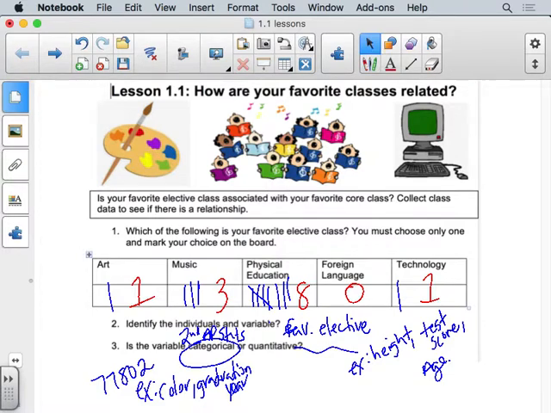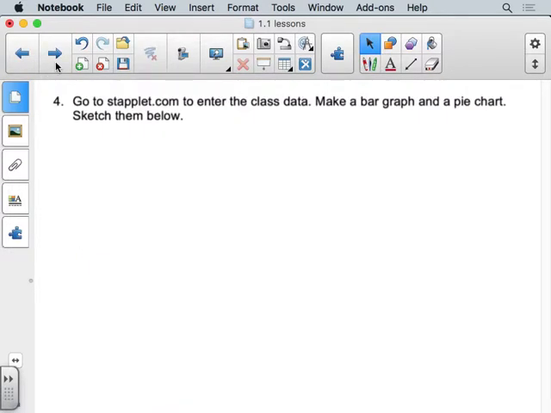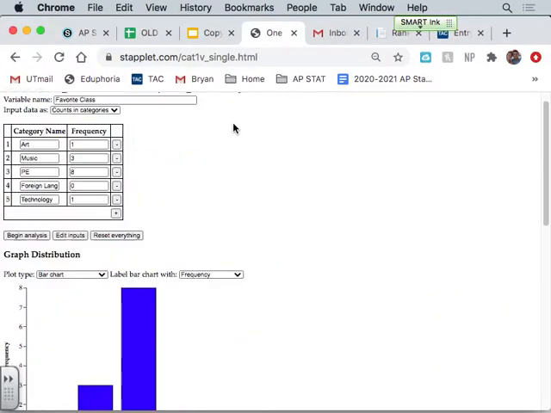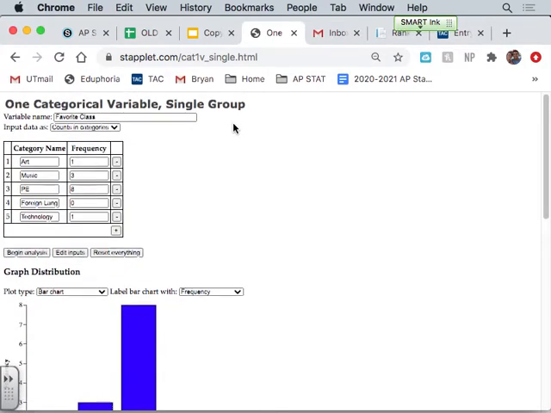Okay. So then we went to our Statplet. Just understanding what is chosen here. I chose one categorical variable, and we only had a single group of people. I wasn't doing second period and sixth period and trying to split them. That's what multiple groups is. I just had one group.